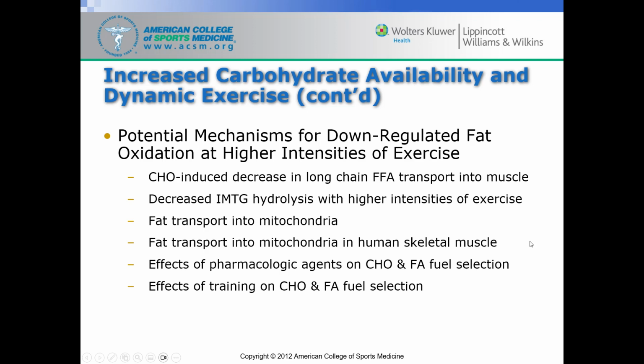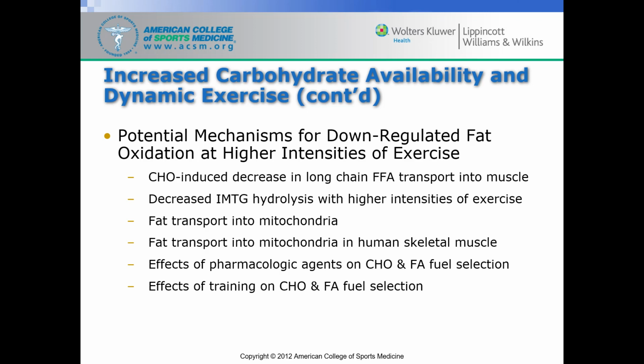So there are some mechanisms that help explain the downregulation of fat at high intensities. So the carbohydrate-induced decrease in long-chain free fatty acid transport into muscle. And I'll get into this a little bit more in the next slide. You have a decrease in intracellular triglyceride hydrolysis with high intensities.